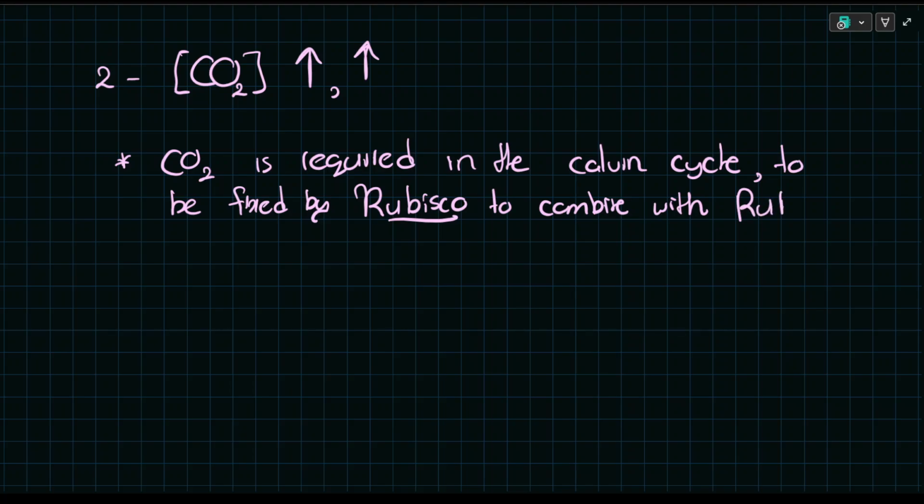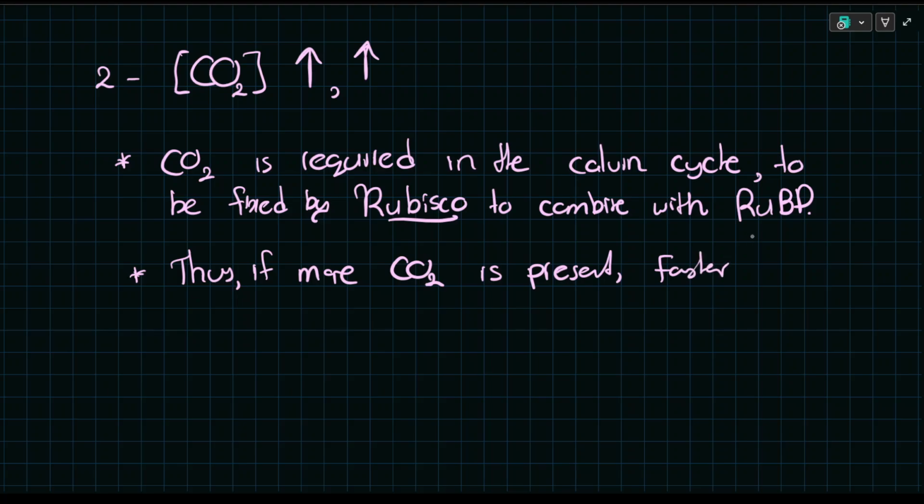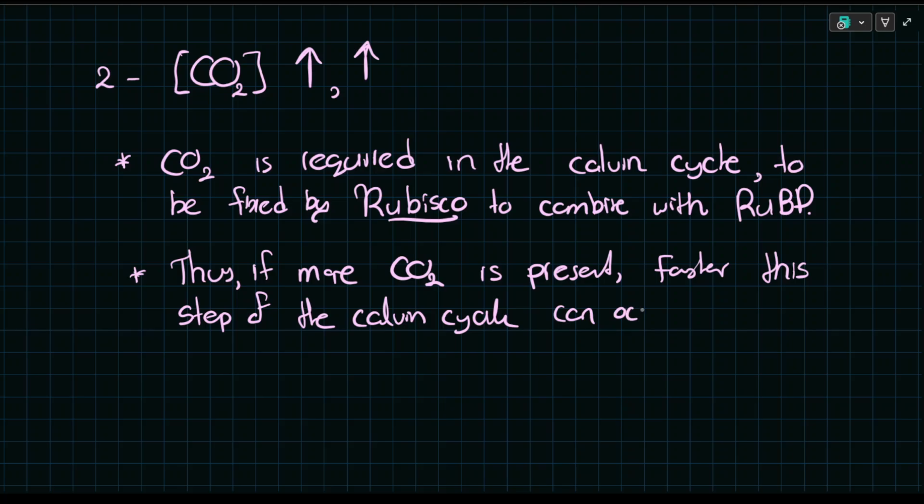It combines with RuBP. So simply put, if more carbon dioxide is present, the faster this step of the Calvin cycle can occur. That simply means that the overall rate is going to increase.